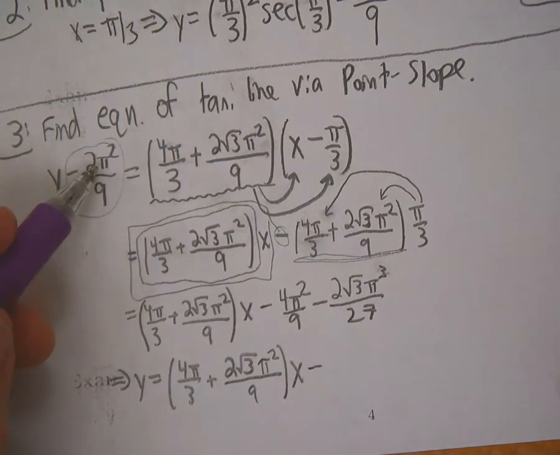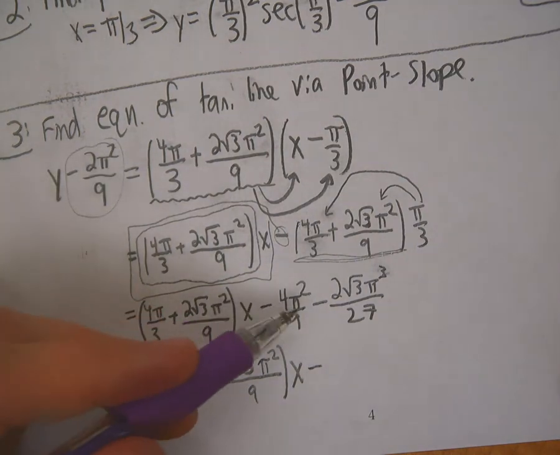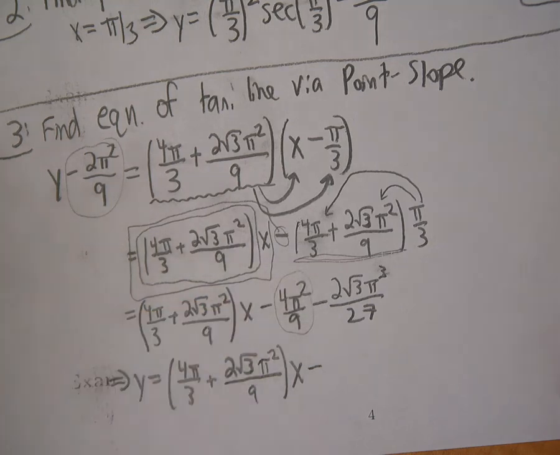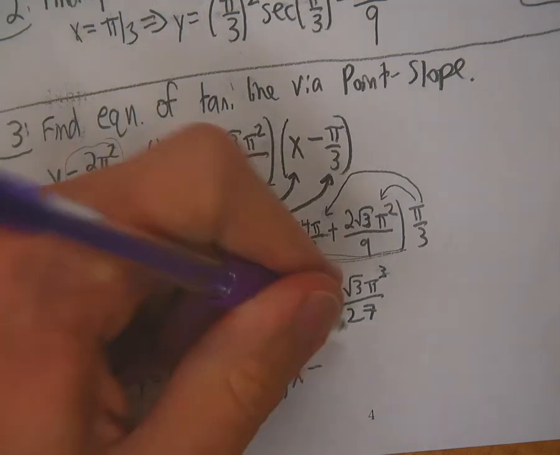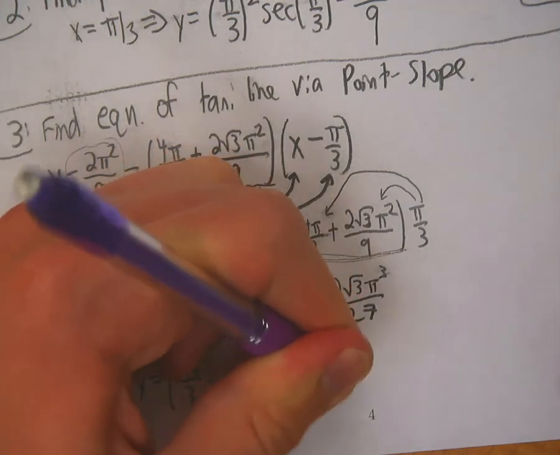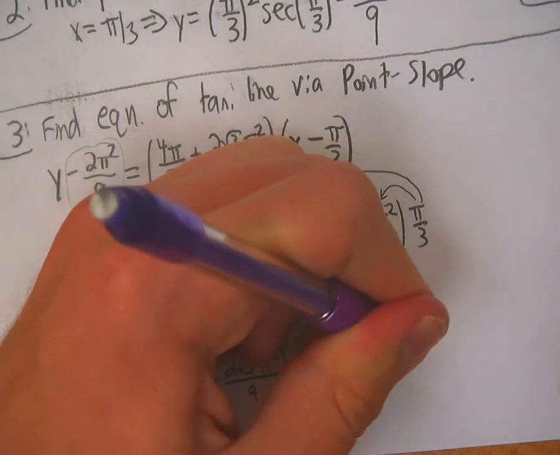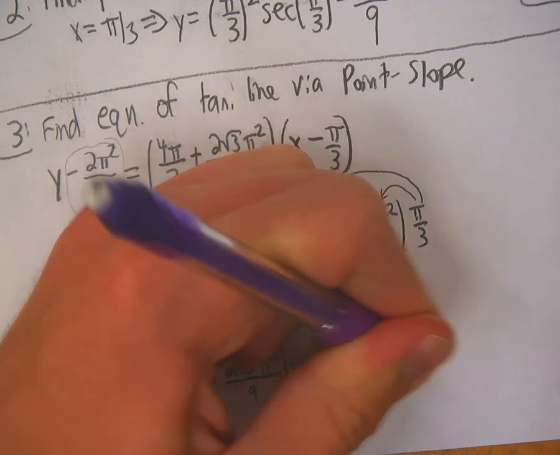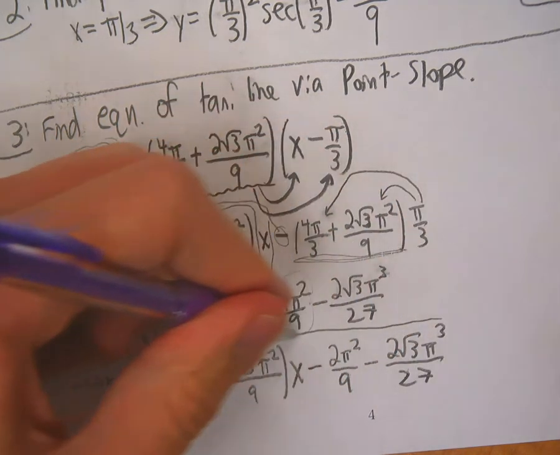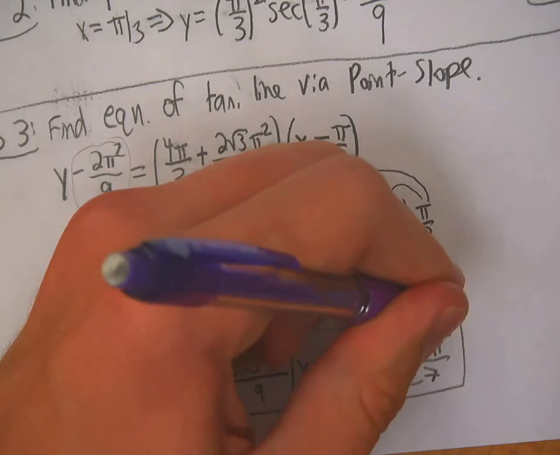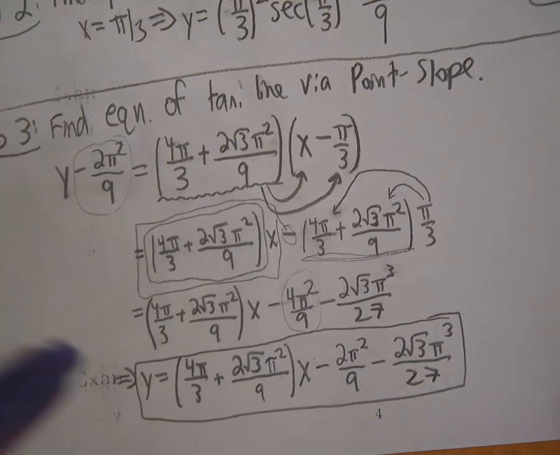And then once we add 2 pi squared over 9 over to the other side, this term will become what? 2 pi squared over 9. Yep, 2 pi squared over 9. And then this term has a pi cubed, so that'll basically be unaffected. So we have 2 root 3 times pi cubed over 27. This beautiful thing is going to be your desired equation.